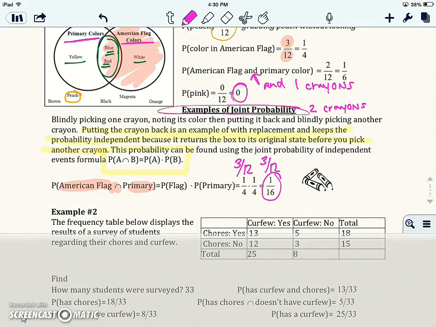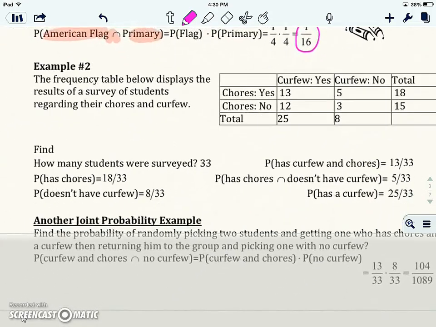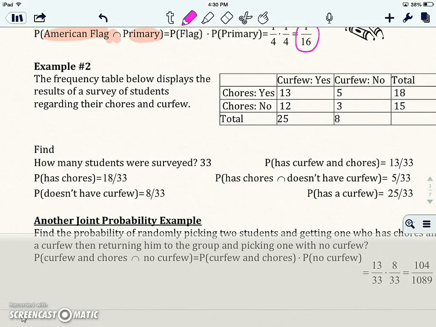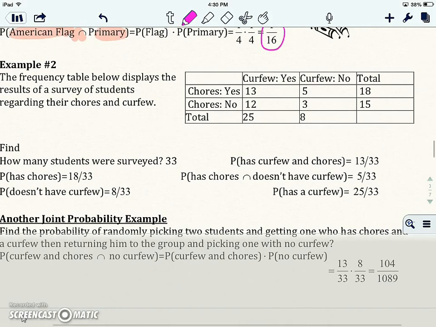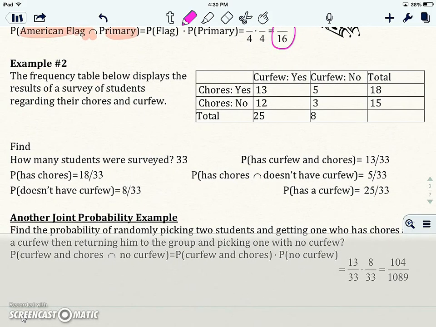This may also be shown to you in a contingency table, otherwise known as a frequency table. And this frequency table below shows the results of a survey of students regarding their chores and curfew. So if we want to look how many students were surveyed, well, there were 18 kids with chores, 15 kids without, so a total of 33.